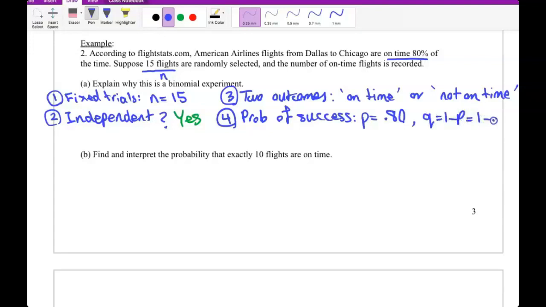So 1 minus 80%, that is equal to 20%. So this is failure. Okay, so we pass all these 4 factors. This was given, and based on what we have here, we already know that this is binomial. I don't need to write yes binomial because it's not asking us, but I'm writing it. So this was the reason why we have binomial.